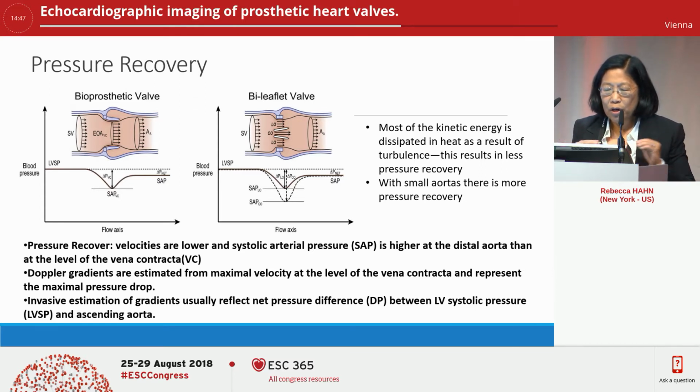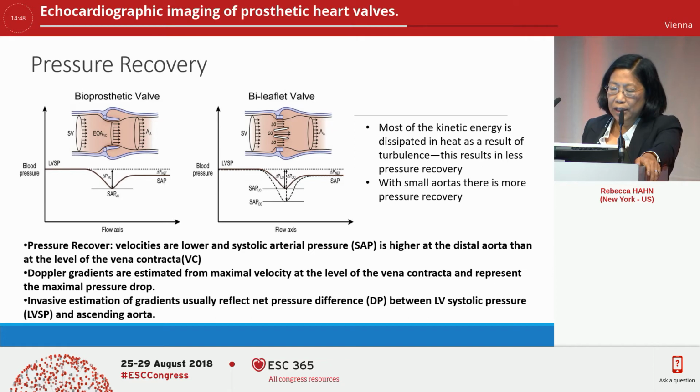Now, the higher the turbulence of the flow, the more energy can be lost in heat, as well as other things, and the continuity and the Bernoulli equation starts to fail, but you end up with less pressure recovery.